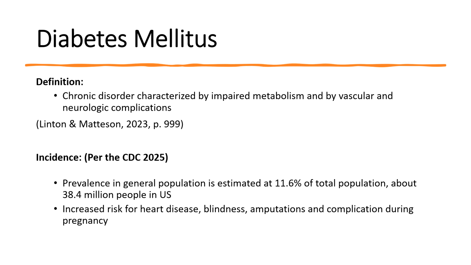We'll talk a little bit more about that later. But per the CDC, it estimates that about 38.4 million people in the United States have been diagnosed with diabetes, either type 1 or type 2. So that's about 11.5% of the population.